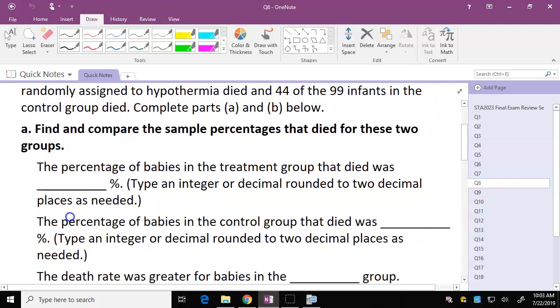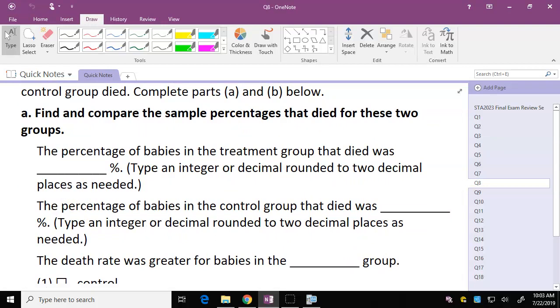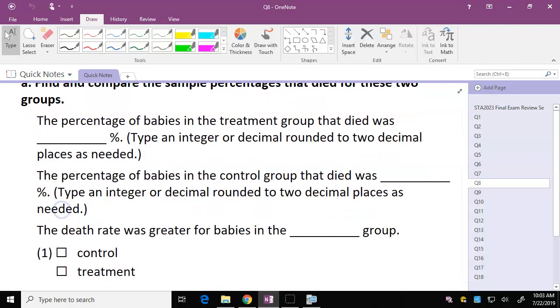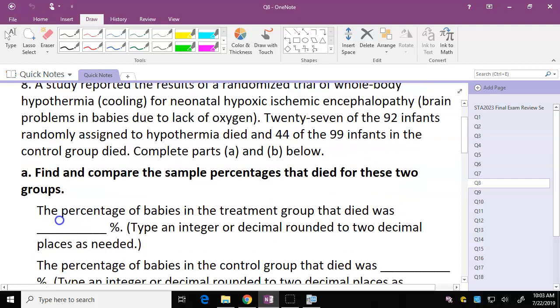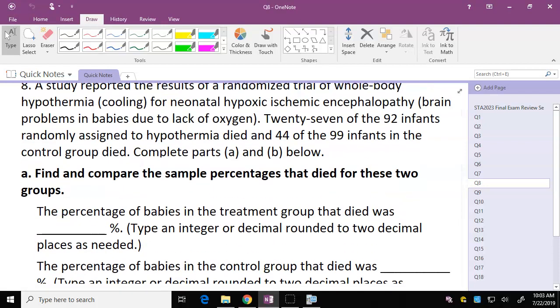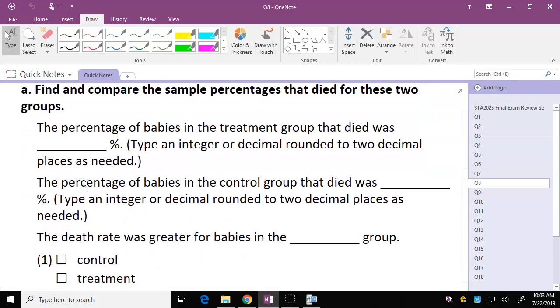It says, find and compare the percentages that died for these two groups. All right. So the percentage that died in the treatment group. Who's the treatment group? The 27 out of 92, the ones that got assigned to the hypothermia. So we need to know the percent that died. How do we do that?